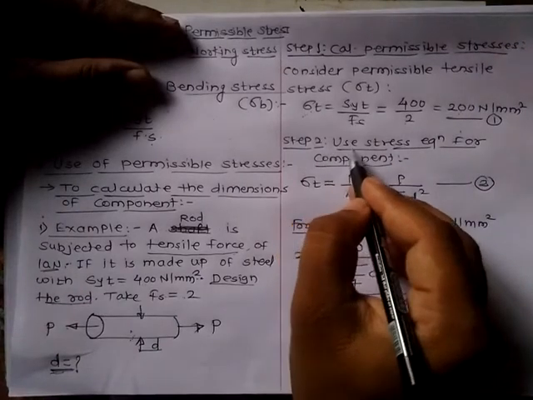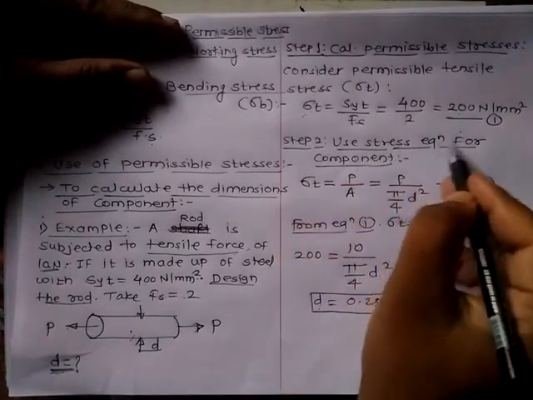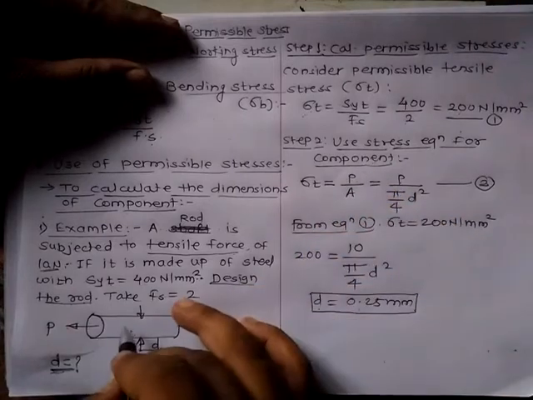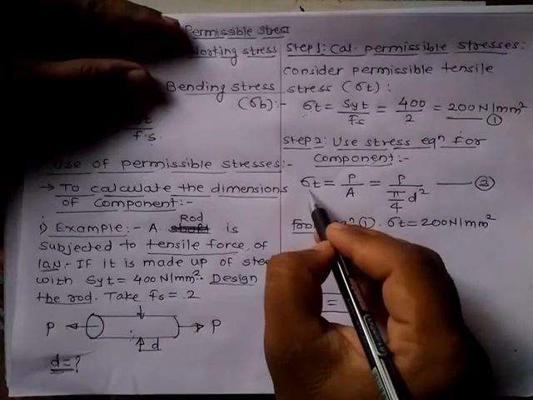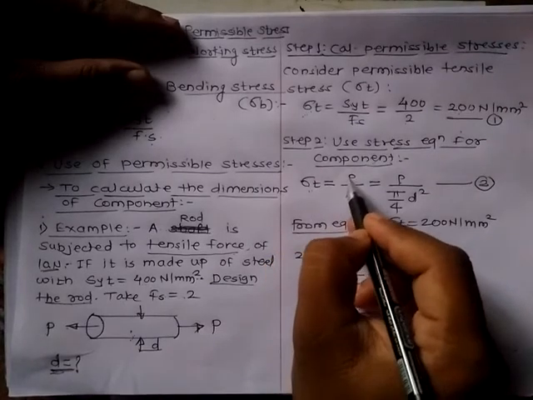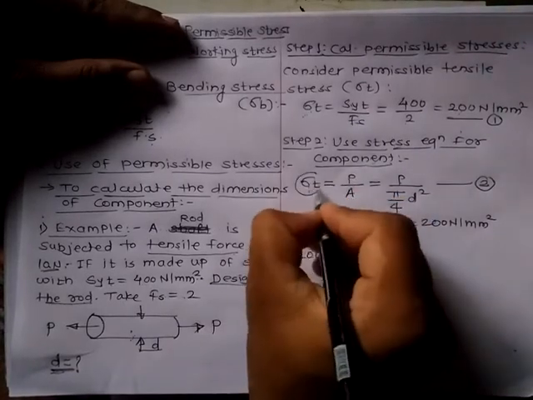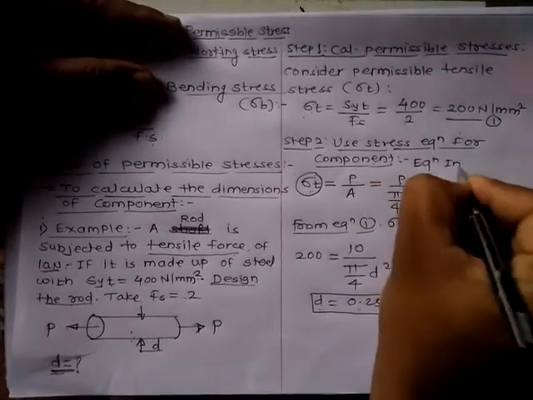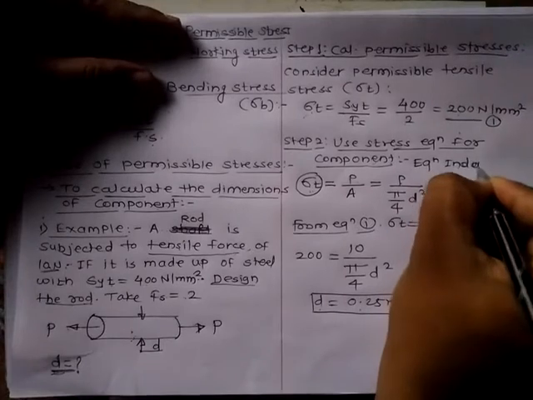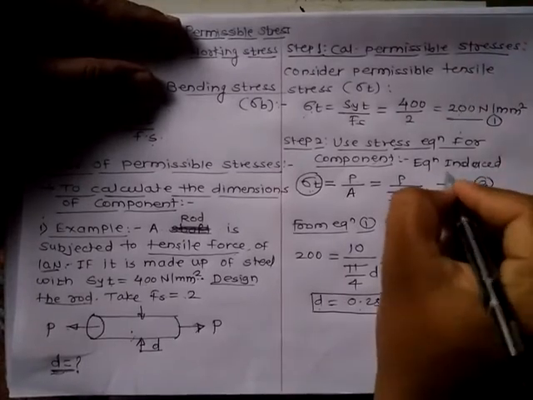Then in step number 2, we have to use the stress equation for the component. As tensile stress is going to be induced in the component, we write the equation of tensile stress. Sigma T is equal to P upon A. This sigma T is the equation of induced stress.